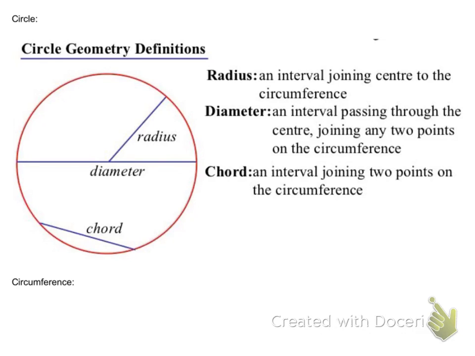So, circle is all points that are equal distance from a fixed point, so we say from a center.